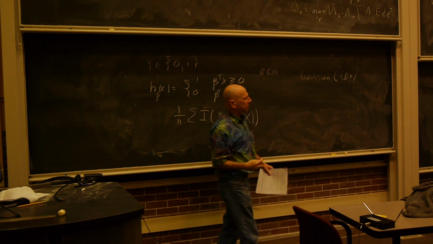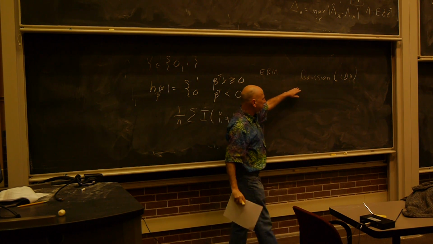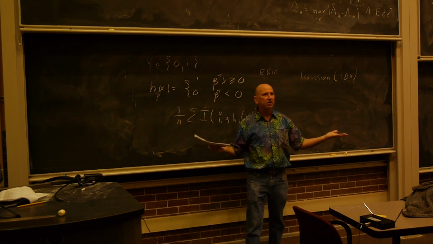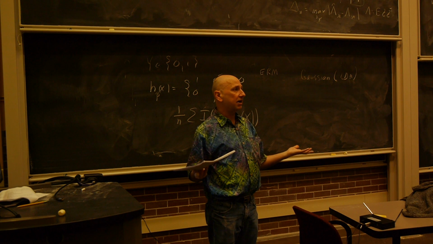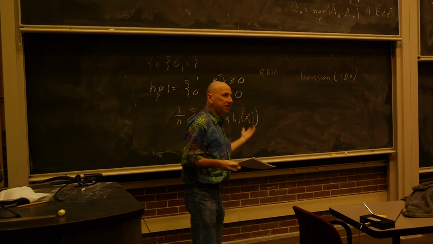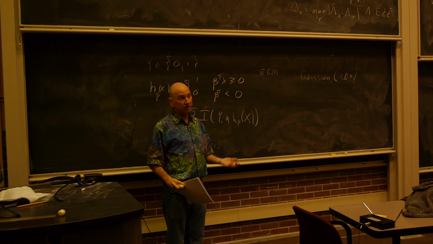We'll quickly review each one if we need to, but remember that just corresponds to assuming you have two Gaussians and then estimating the parameters of the Gaussians. And then once you do that, you can estimate the optimal classifier, assuming the Gaussian assumption.